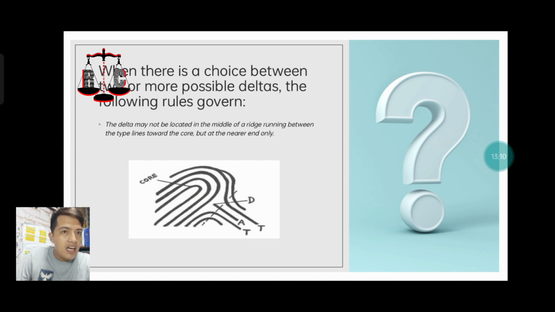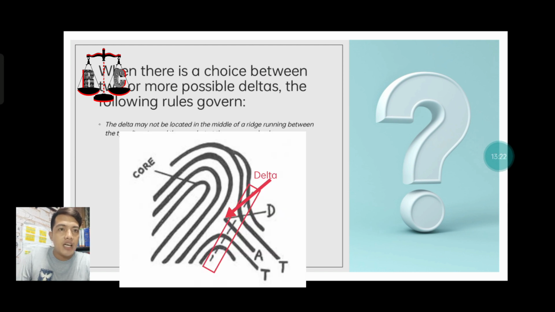Therefore, ang imuhang i-follow ani is dili na ka mo apply sa nearer to the type lines. Nearer to the ends sa imuhang type lines, but adto na ka mo apply sa kinatumyan sa imuhang ridge nga duol sa imuhang core. Nga naman, ning sulod na siya sa imuhang type lines. Wala na siya maingon nga ning near or center or in front of the divergence of the type lines. Nga naman, kundi ang anang letter D as your delta.